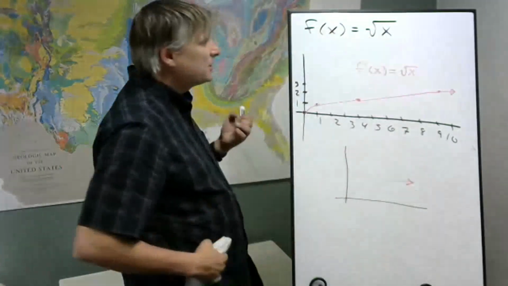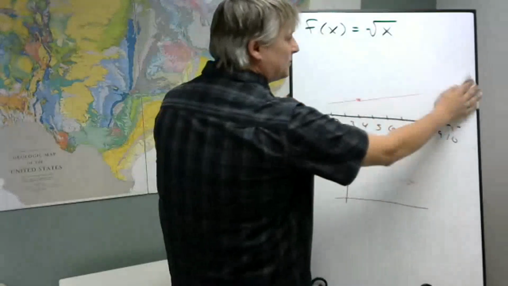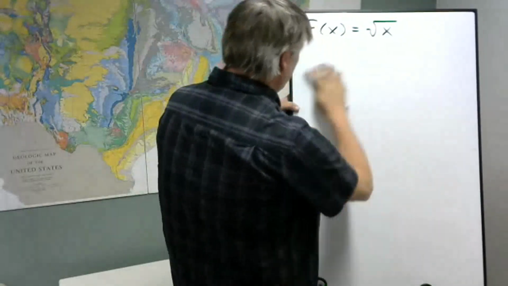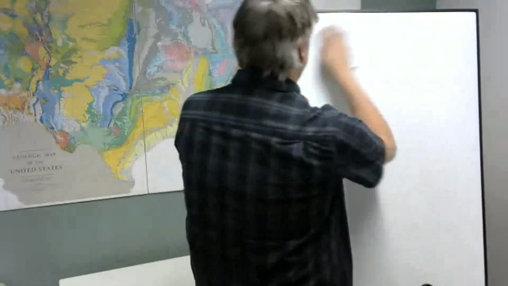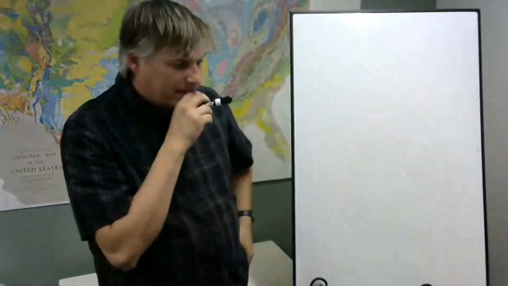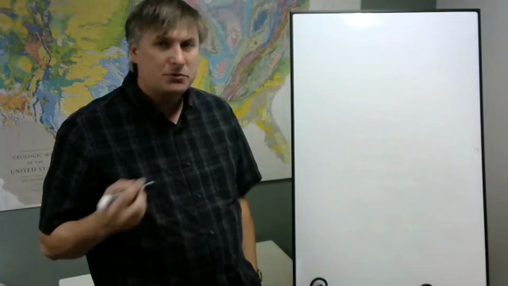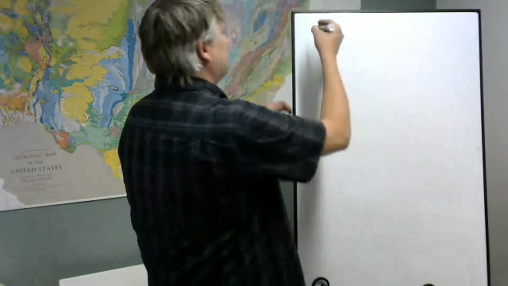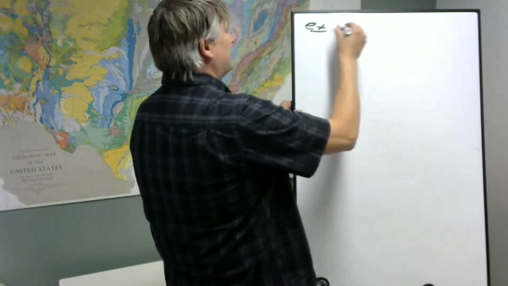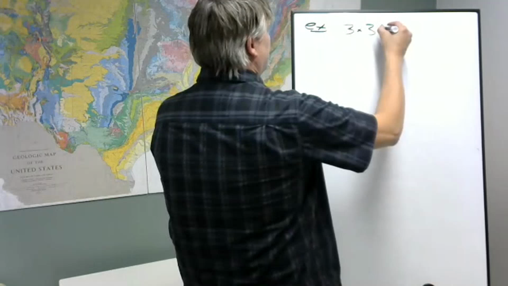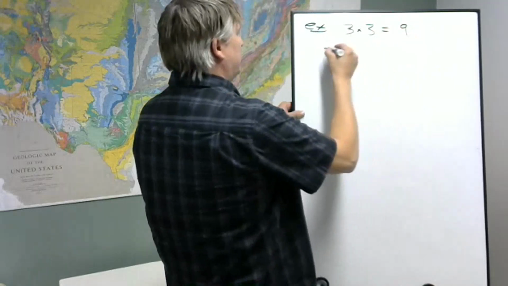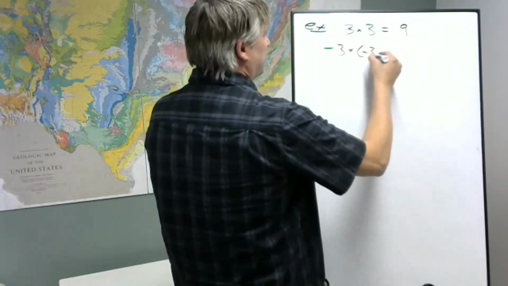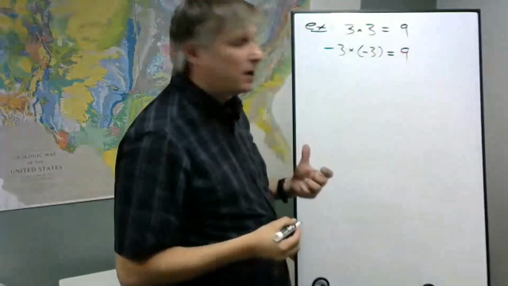Now, using a function, f of x, that has a square root, we have to be careful of a few things. Note that when you do a square root, we have a number times itself. So we typically take the square roots of positive numbers. And just as a reminder, because 3 times 3 is equal to 9, and negative 3 times negative 3 also equals 9.